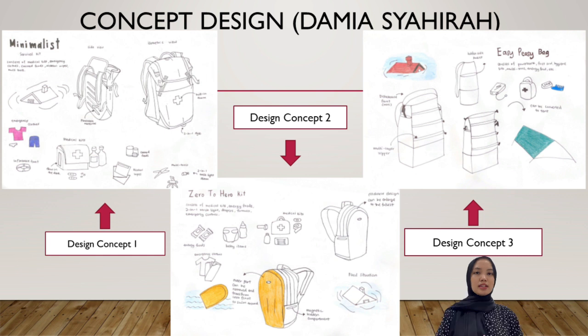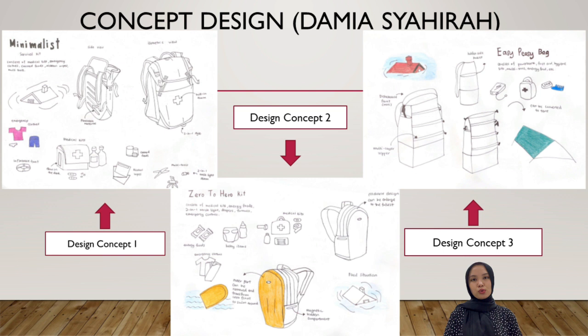The third concept is Easy Peasy. As the name suggests, it consists of one big compartment which includes individual compartments inside so that the user can categorize items. The outer design of the backpack can be converted to a tent and can be used when the user is stranded on top of a roof, in heavy rain, when the user doesn't get any help from the rescuer.